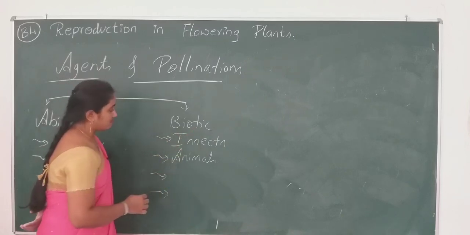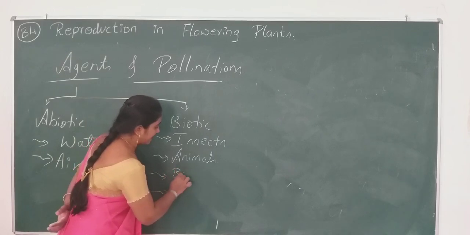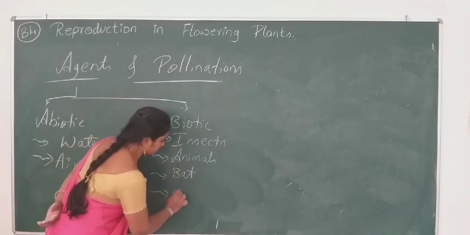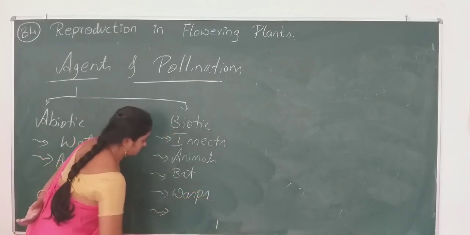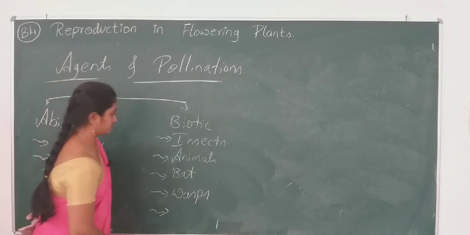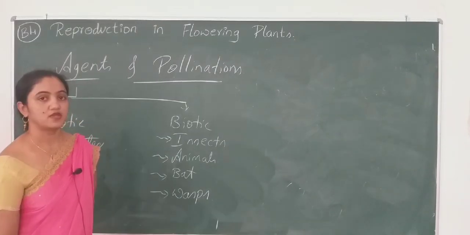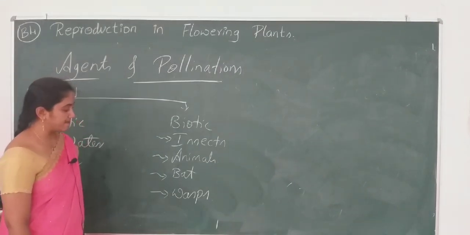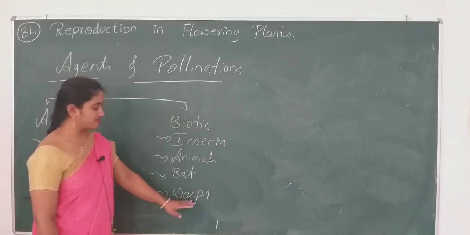Among the biotic agents are bats and wasps. Biotic agents are insects, animals, bats, wasps, ants, everything comes under this.